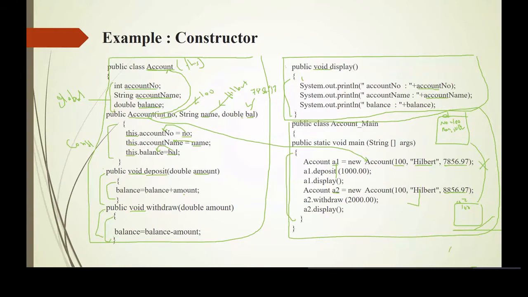Even though they have the same values here, the balance is different. When you call A2 to withdraw, you are not calling A1. A1 is separate. So we create two objects. When you use new, you call the constructor to initialize the variables.